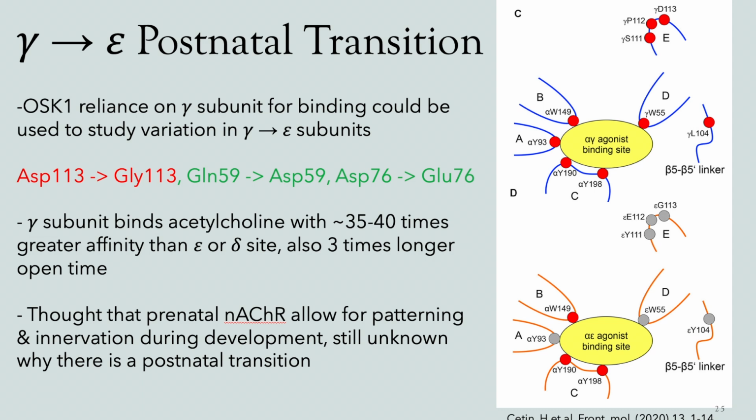And because this receptor binds very tightly to the gamma subunit, it made me think about the unsolved mystery that humans are born with the gamma subunit, but 2 weeks post-birth, we switch to using the epsilon subunit, which binds acetylcholine 30 to 40 times less tightly and is open for 3 times shorter than the gamma subunit would allow. All the rest of the subunits are kept the same.